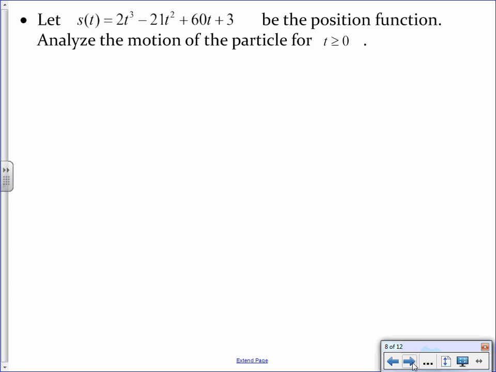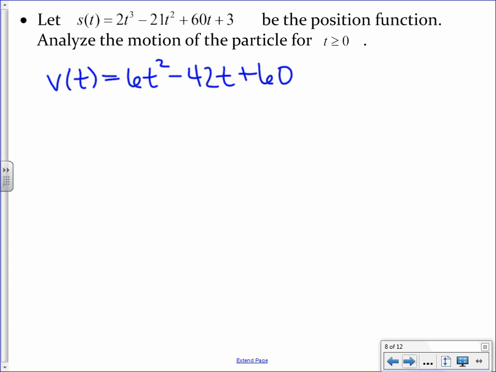So, first of all, let's find the velocity. It's going to make this easier, right? What is our velocity? 6t squared. Okay. And what would it be helpful to find from this? Our critical points. Let's find that. So we set this equal to 0.